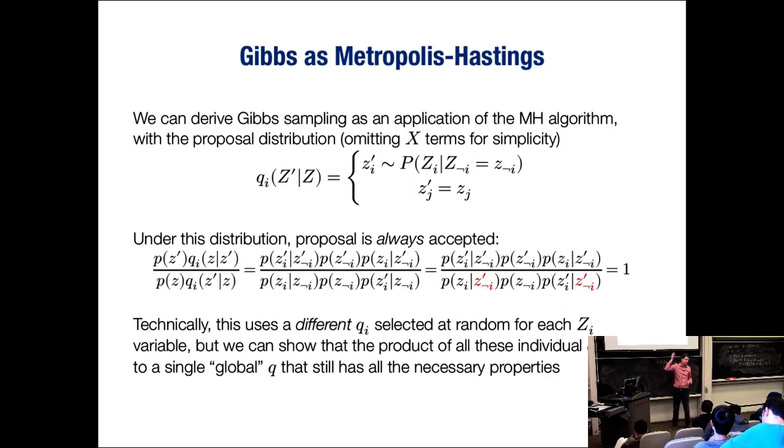I don't want to dwell on the precise math because the notation is annoying. The point is that the accept probability with that update is always going to be 1. So we don't have to worry about computing some ratio of probabilities and seeing if it passes or not. We just always do these Gibbs updates, and that gives us a sample eventually from the distribution we care about.